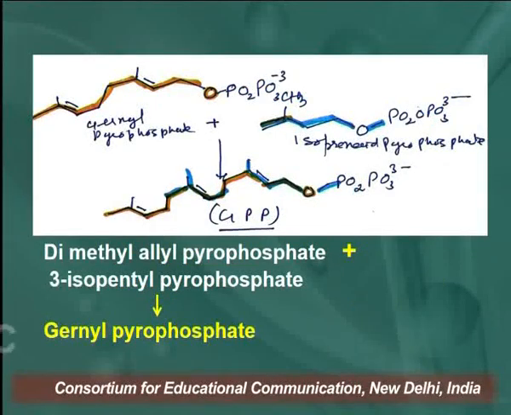So this is the molecule of farnesyl pyrophosphate. I will represent it here as FPP. It is the biosynthesis of geranyl pyrophosphate, and geranyl pyrophosphate is the precursor to farnesyl pyrophosphate, a very important intermediate for the biosynthesis of squalene.